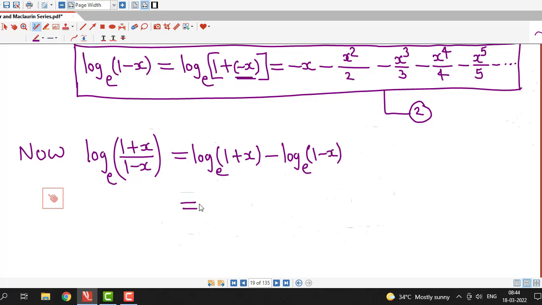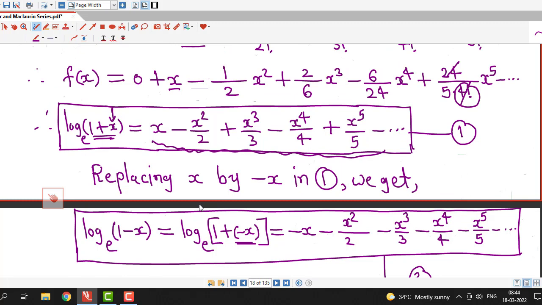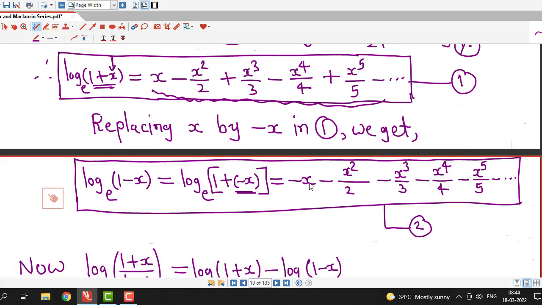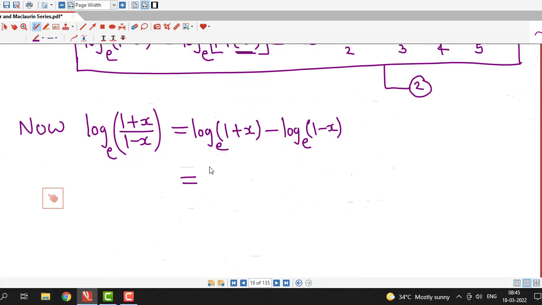So we have to add these two series on the right hand side of 1 and 2. So we can directly add, or we can write the series here. Maclaurin series of log 1 plus x is alternately positive and negative. x minus x square by 2 plus x cube by 3 minus x raised to 4 by 4 plus x raised to 5 by 5, and so on.